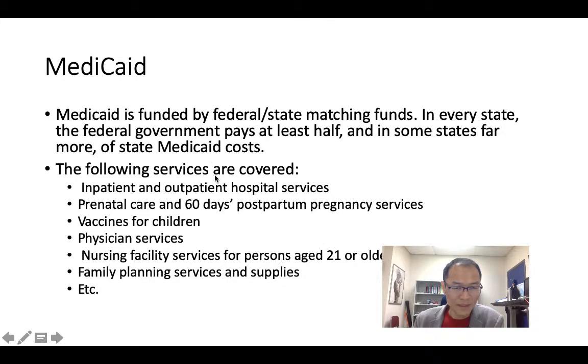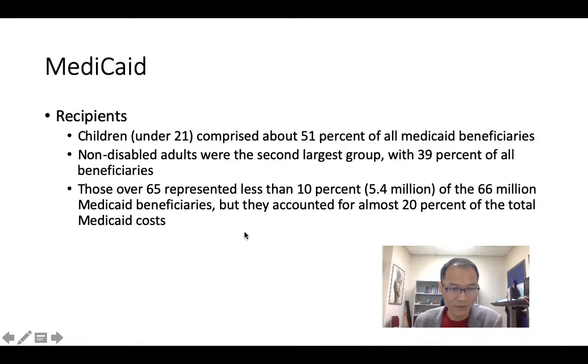Medicaid pretty much covers all services and drugs, inpatient or outpatient, prenatal care, vaccines, physician services. And the funding of Medicaid mostly comes from federal, and the state does have to provide a matching fund.